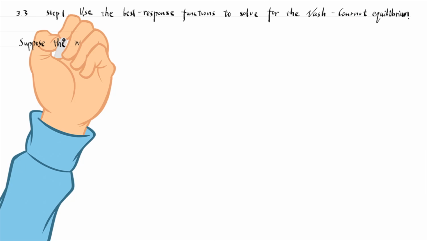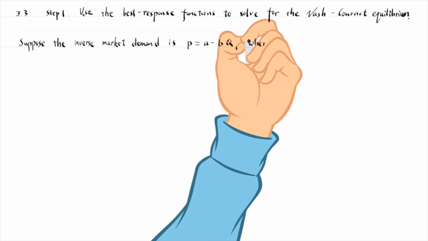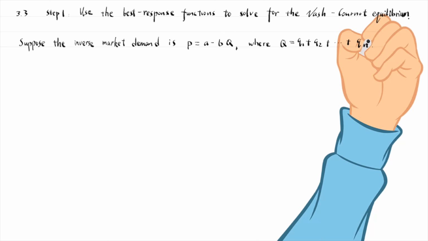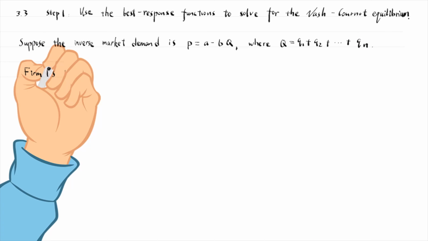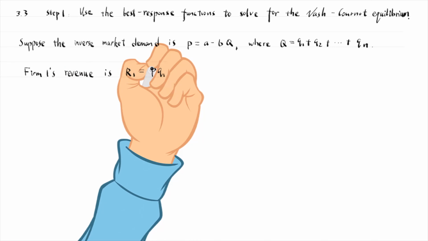For a linear inverse market demand curve, P equals A minus B times Q, where the market output Q is the sum of each firm's output. We can write Firm 1's revenue function and its marginal revenue function.